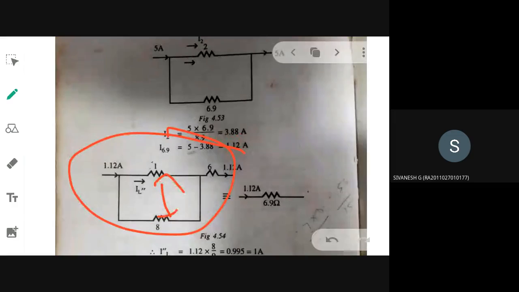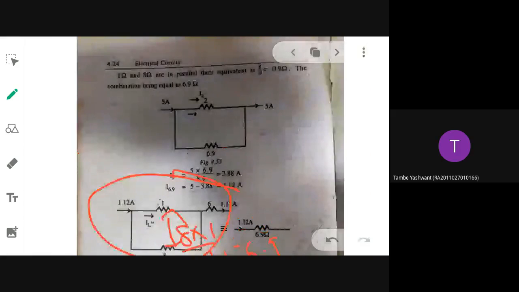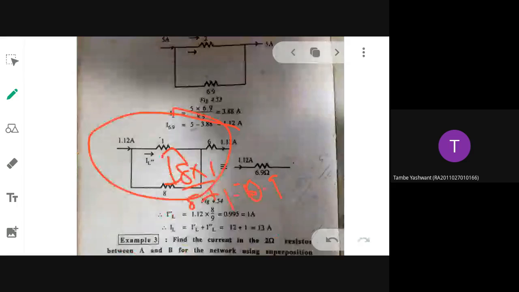What value did you get? Not 6.9, it is 0.9. That is in series combination with that 6 ohm, isn't it? That way only you have reduced the earlier equivalent. Yes or no? Yes, ma'am. 6.88.